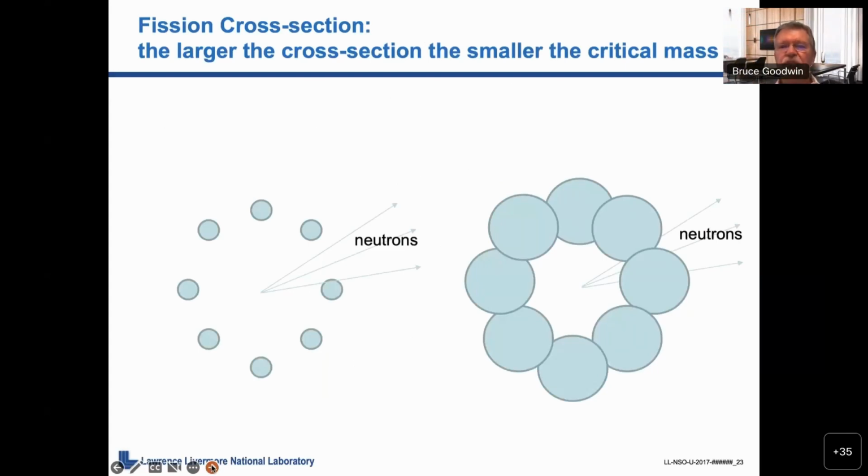It looks bigger to the neutron than the other isotopes do. And so they came up with this metaphor of cross-section, meaning the areal size of an atom. And clearly, if something is bigger, it's more likely to block and absorb neutrons than if it's smaller and the spaces between them let the neutrons escape. So cross-section matters. 239 has a much bigger cross-section than uranium-235, as an example.